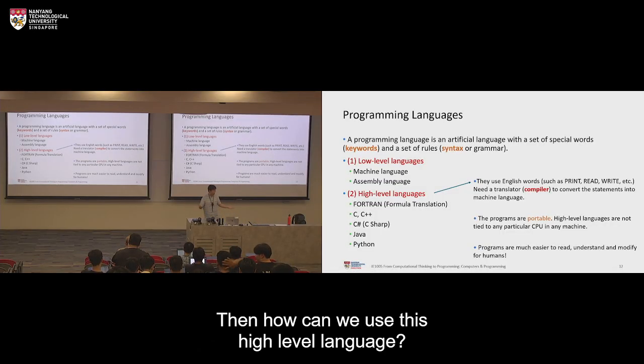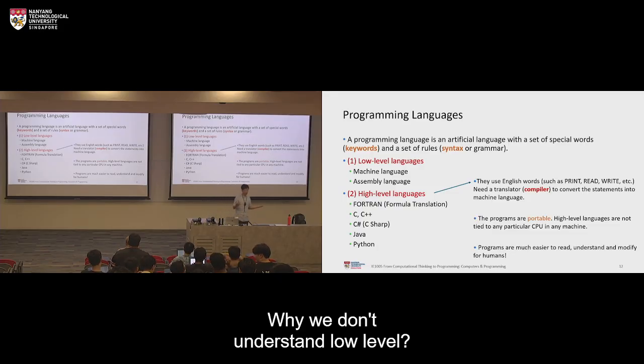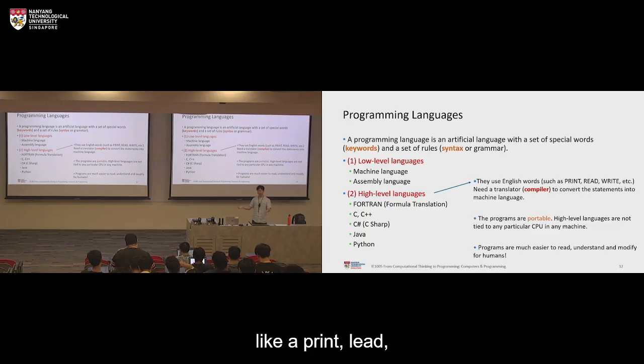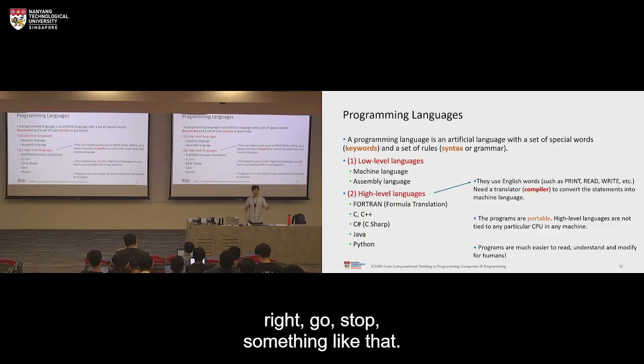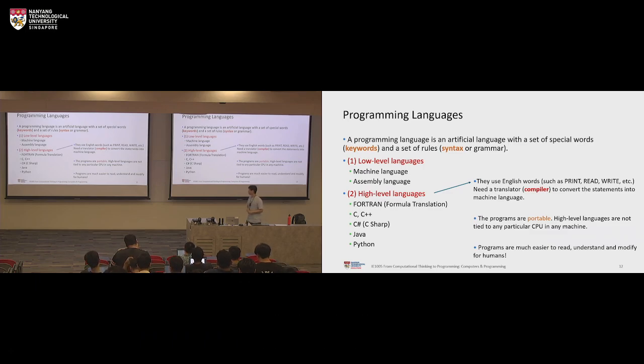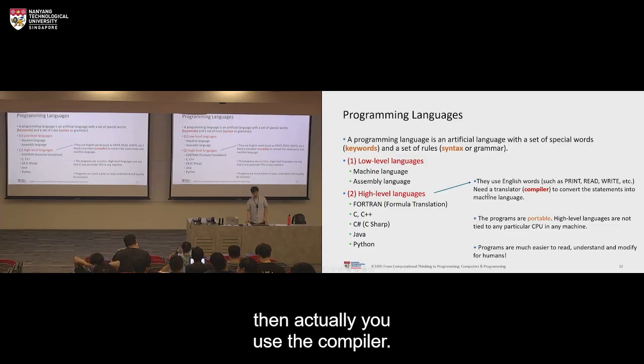Then how can we use a high-level language while we don't understand low-level languages? These high-level languages consist of simple English words, like print, read, write, go, stop, something like that. So these languages use natural words. Once you write in the high-level language using these natural words, you use a compiler.